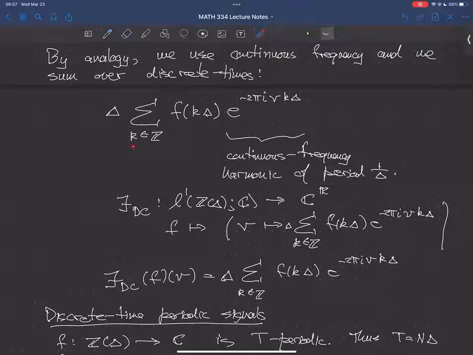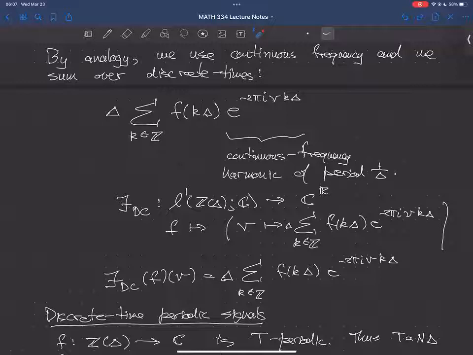What you're going to get here is a sum because we're working with discrete time, but now frequencies are going to be discrete. So nu isn't going to be a continuous frequency variable. We're going to replace nu with a discrete frequency variable. And what will that discrete frequency variable be?